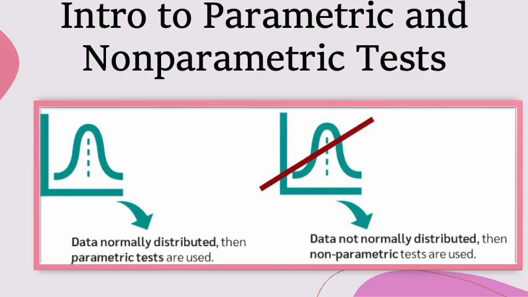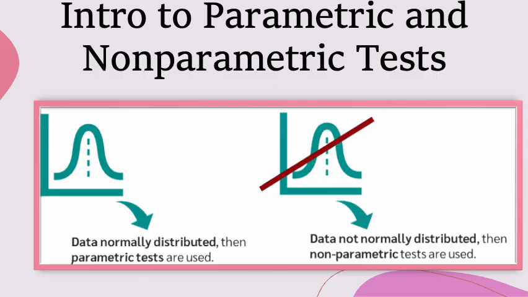All tests of statistical analysis have assumptions that must be met in order for the analysis to be considered valid. We will look at this more in our upcoming lectures, but what you need to understand right now is that normal distribution is an assumption for parametric tests, but not for non-parametric tests.